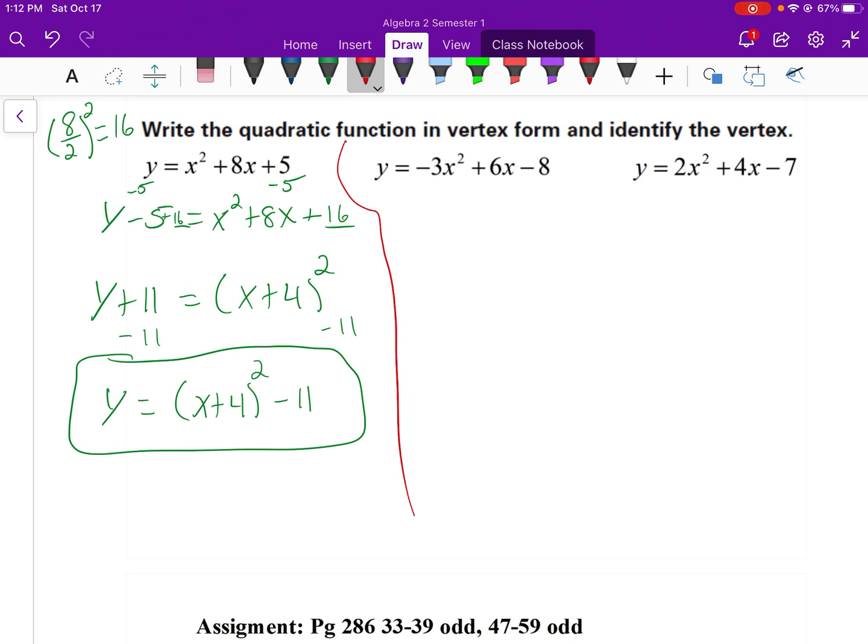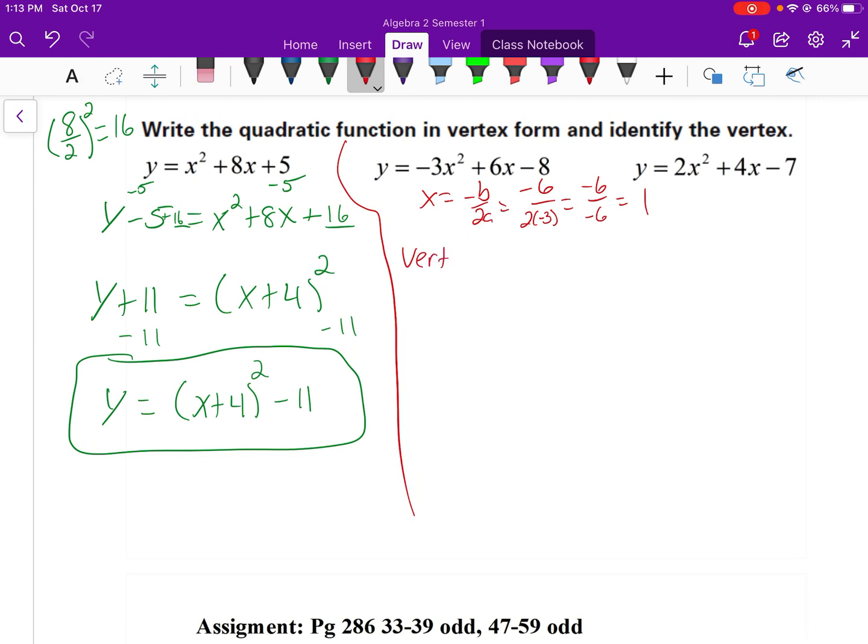Now there is another way, which I actually think is quite a bit easier. You can complete the square in order to write it in vertex form, or you can take the equation, find the vertex in standard form. The x coordinate is negative b over 2a, so in this case negative 6 over 2 times negative 3, which would be negative 6 over negative 6, or 1.